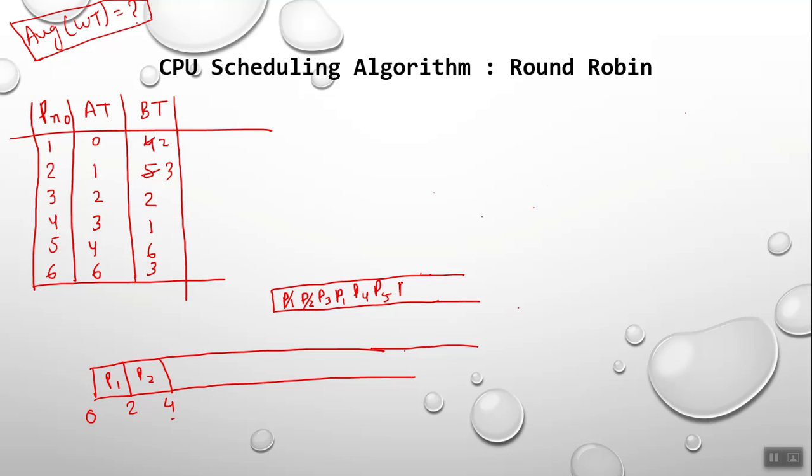P2 will come here now, and then it is time for P3. P3 will execute 2 units of time, so it is going to be 6 here. At 6 units of time, you will see that process P6 will be available, so just write it here.